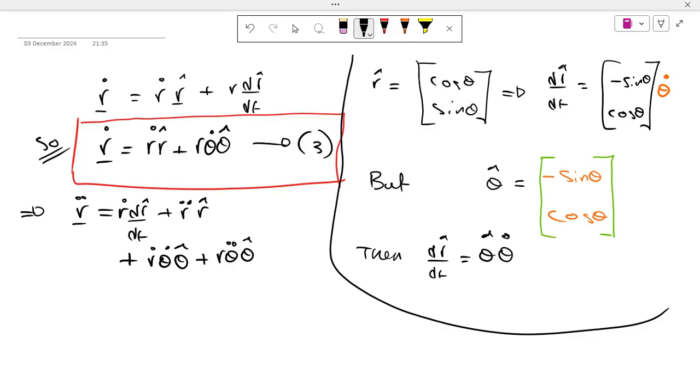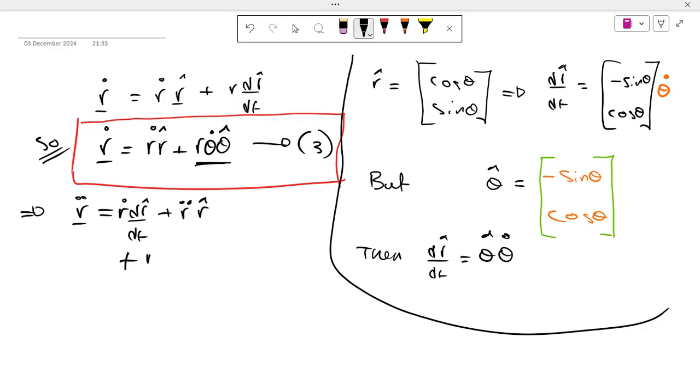Let me just check my notes and make sure that I've got this correct. So we're differentiating this by the product rule, and it's important that we get this right. So we've got plus, we'll leave that r alone and differentiate the theta dot and leave the theta hat alone.